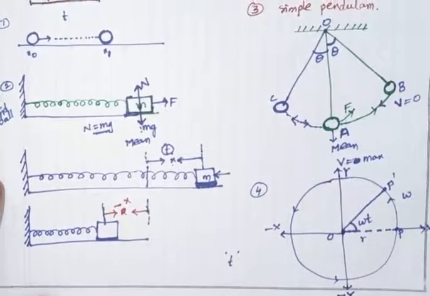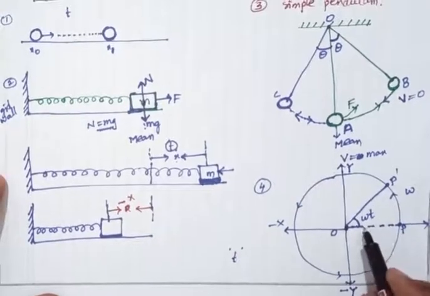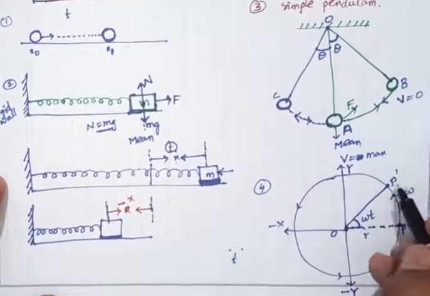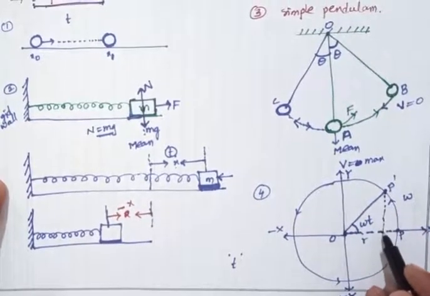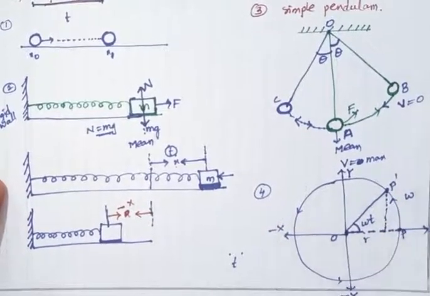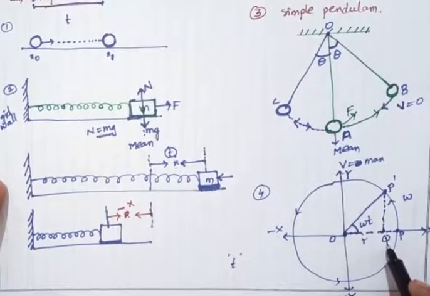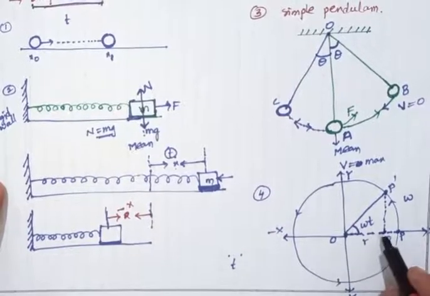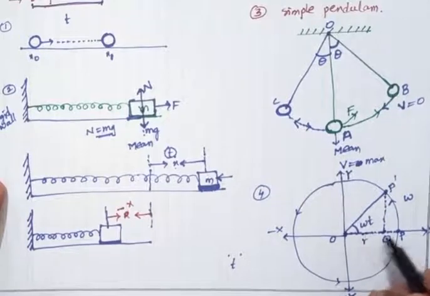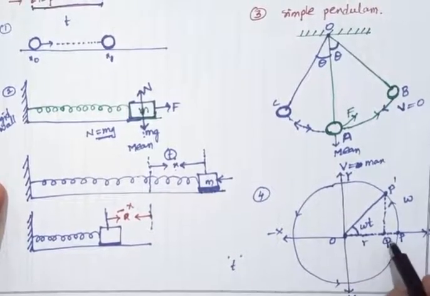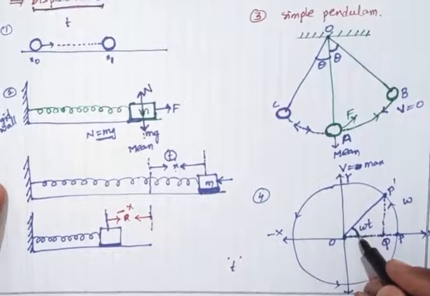For convenience, we have taken a perpendicular line from P dash onto the x-axis, and the foot of the perpendicular is the point Q. The angle made is omega t.